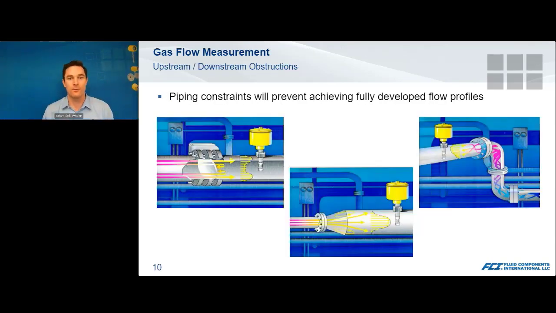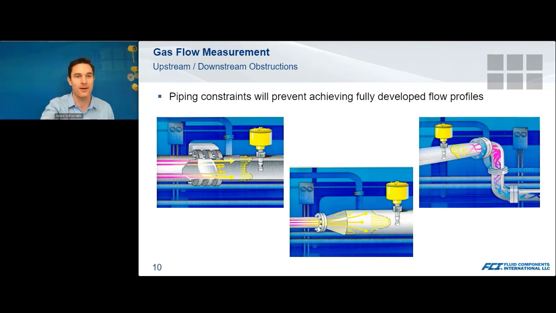So with the measurements that we have, I do have a few diagrams here. On the left, you have a valve. On the far right, you have an out-of-plane elbow. And a little bit different than the CFD, but it does show that when you have these obstructions, the flow profile is distorted.